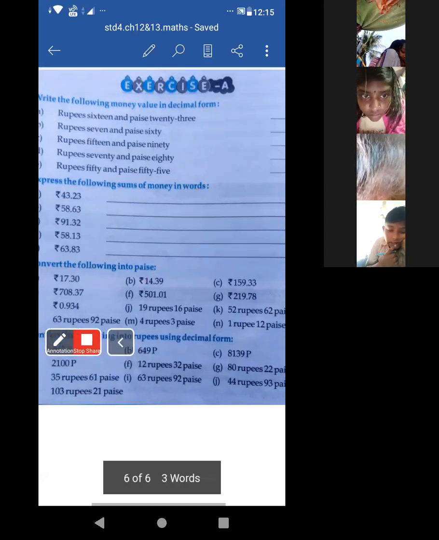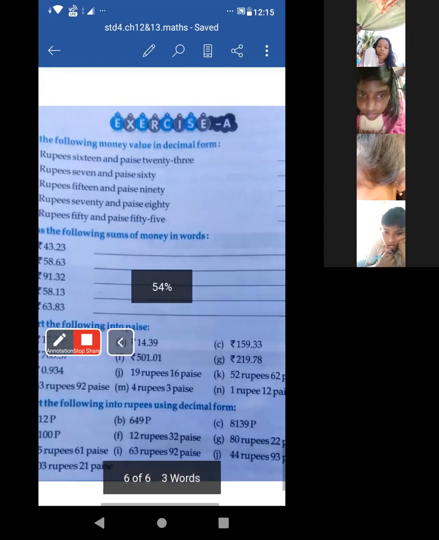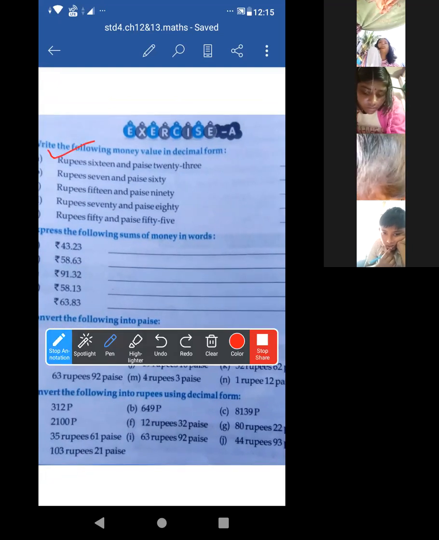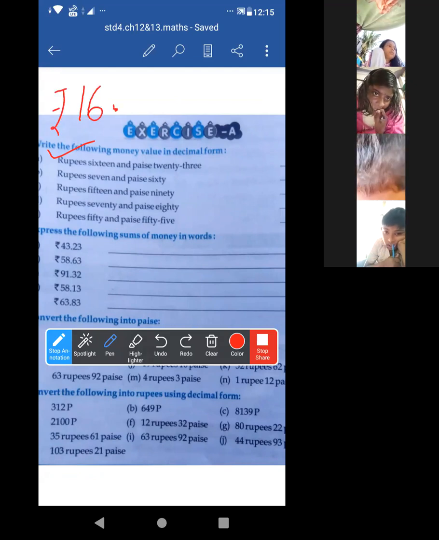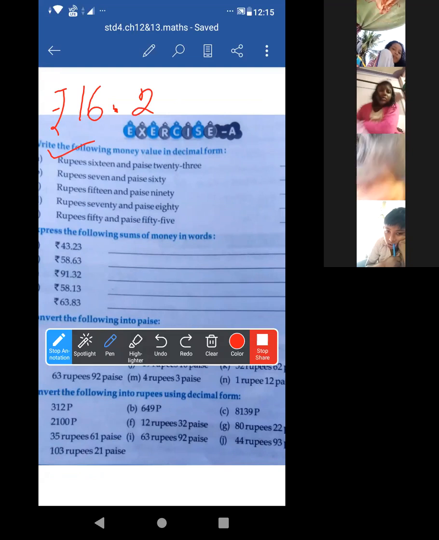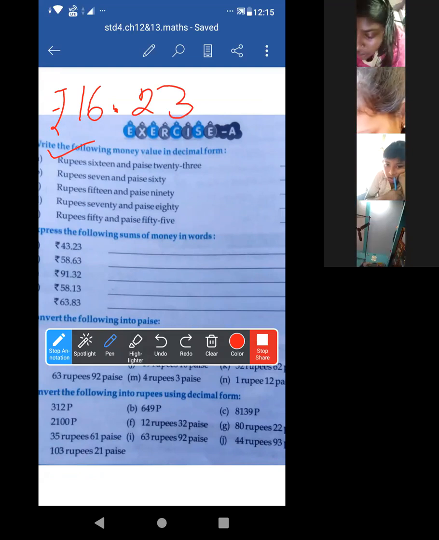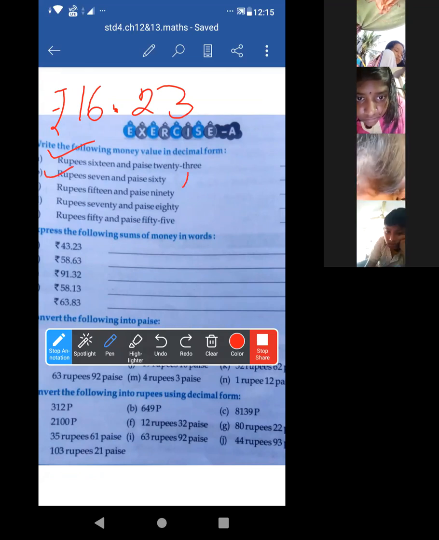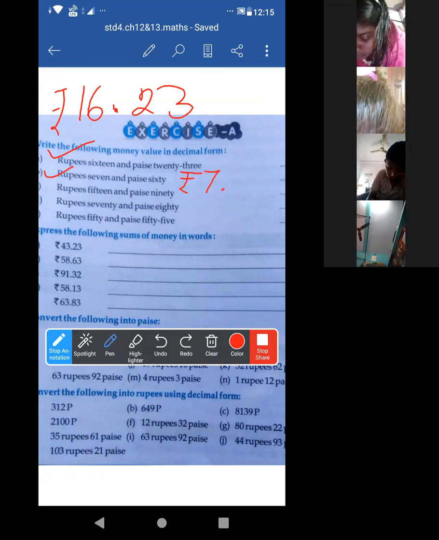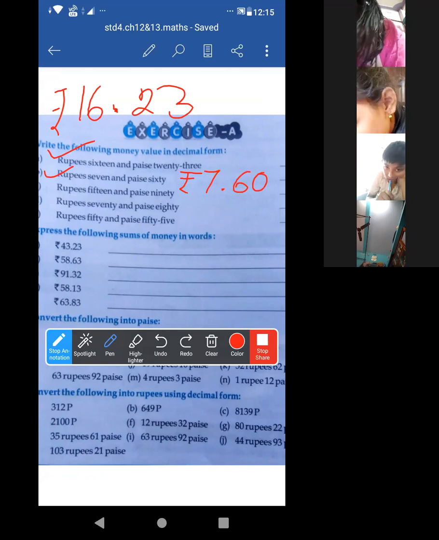Suppose look at this. This one I am going to solve. Look. Rupees 16 and paise 23. That means it will be 16 rupees point 23. Understood? Yes or no? Now this one. Rupees 7 paise 60. Now this one.